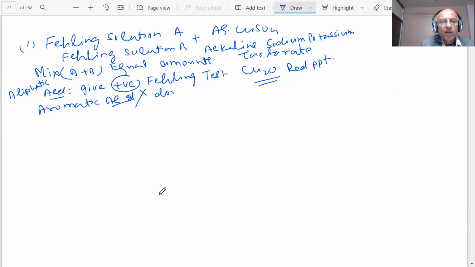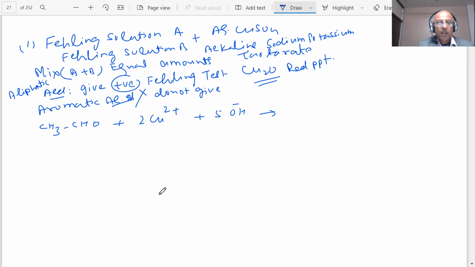I'm giving you more information than has been asked in the question, because we have to learn more and more, students. So what happens if you have CH3CHO? It reacts with copper ions, and you can see the NCERT book there. Balance the reaction. This will be oxidized, and what you get is Cu2O, a red precipitate, a solid. You will see a red color, and 3H2O.